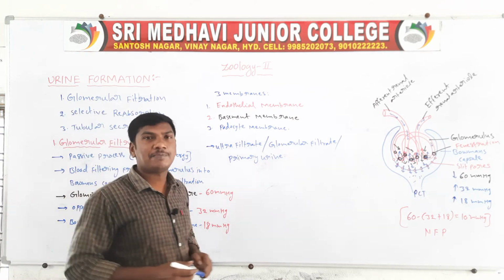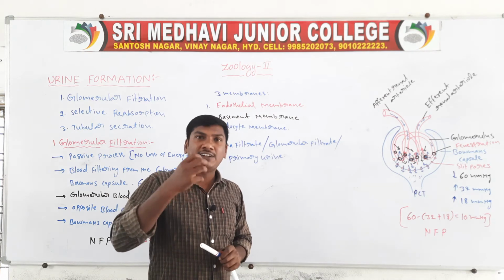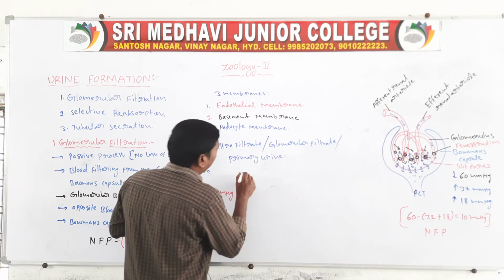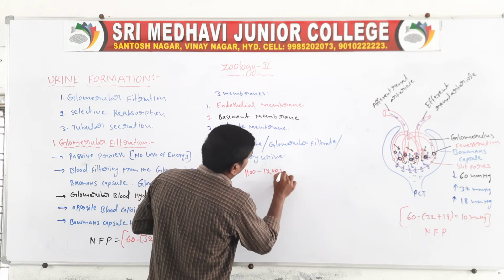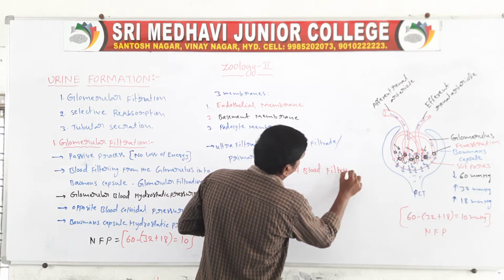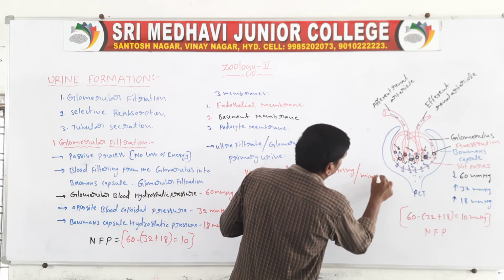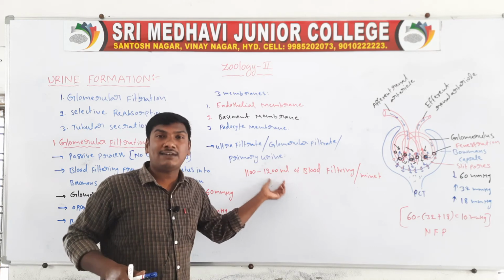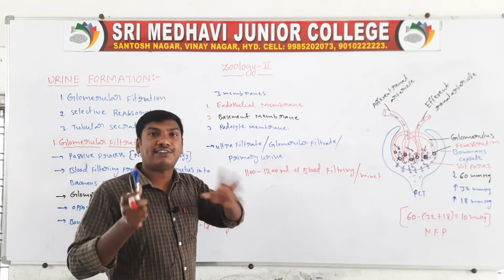Both kidneys together filter 1100 to 1200 ml of blood for a minute.